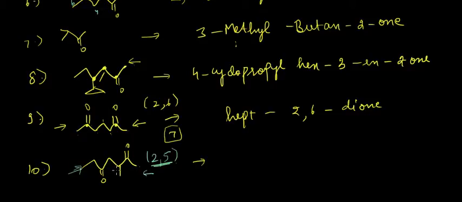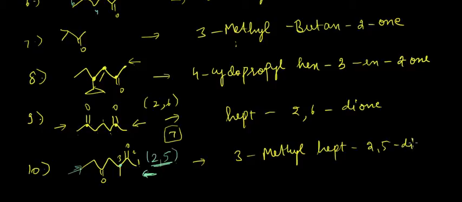When there is a tie between the positions of the functional groups, the next priority is the substituent. The substituent is closer to this extreme end, hence the numbering would be done from this end, and the methyl group would be assigned the 3rd position. So the name would be 3-methyl, and the total number of carbon atoms in this chain is 1, 2, 3, 4, 5, 6, 7. So heptane-2,5-dione.